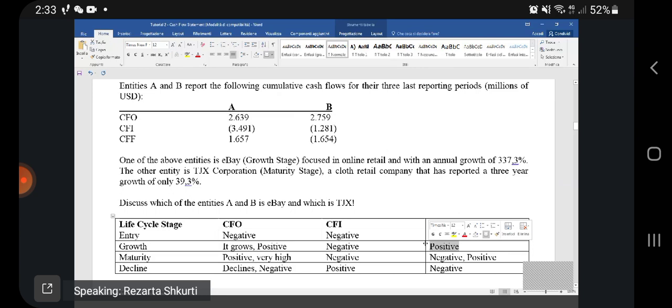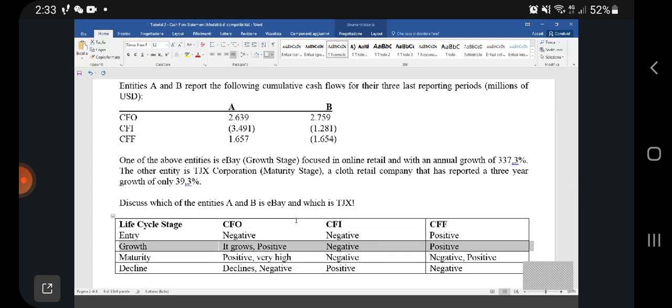So eBay is company A. Why? It fits the profile of the cash flows of a company in the growth stage: positive cash flows from financing and considerably negative cash flows from investing activities.